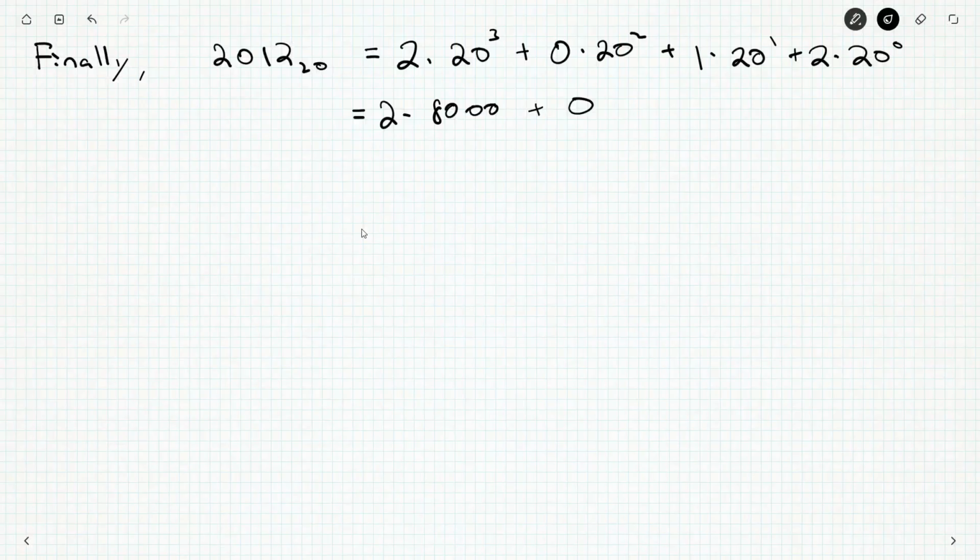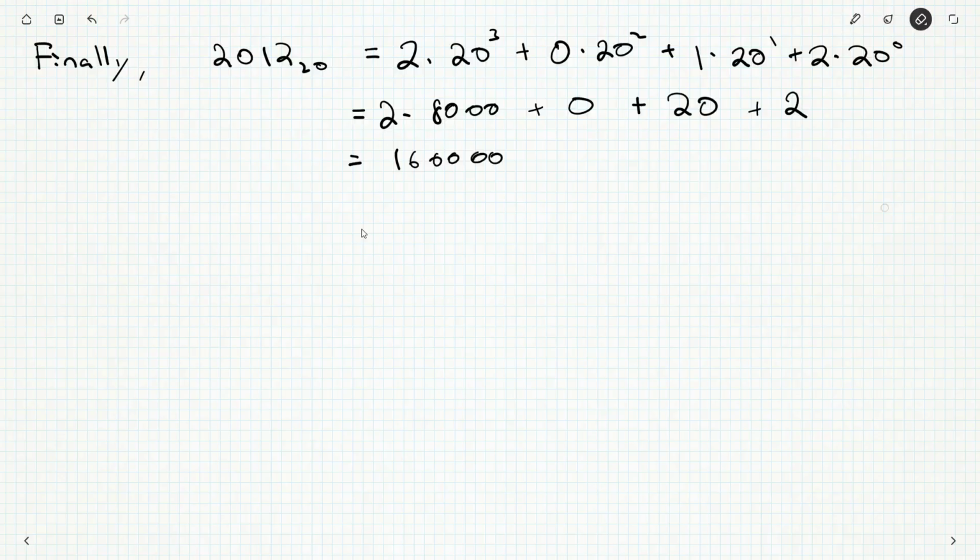Plus, I don't care what this is, it's 0. 0 times anything is 0. Plus 1 times 20 to the 1, well, that's just 20. Plus 2 times 20 to the 0, that's 2. So we get 16,000. Oh, one too many zeros there. Plus 0, plus 20, plus 2. We're going to get 16022.